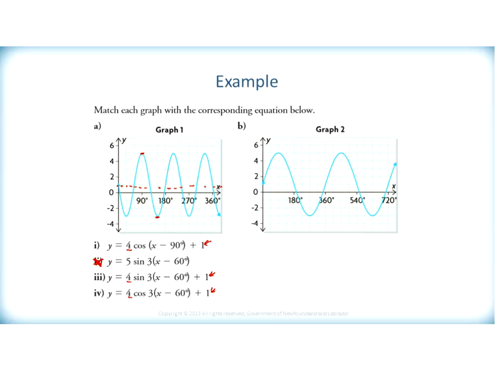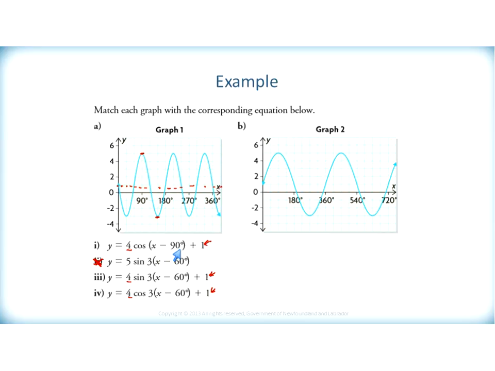So let's look for a sine function first. A sine function here would start at 90 degrees on the midline, and that's not correct. 90 degrees on the midline is not the maximum.